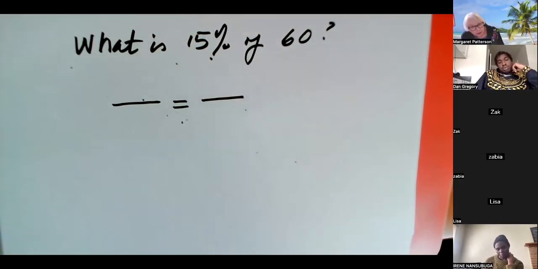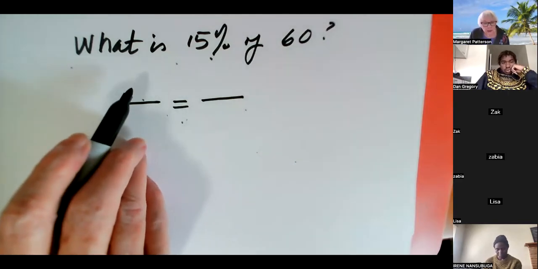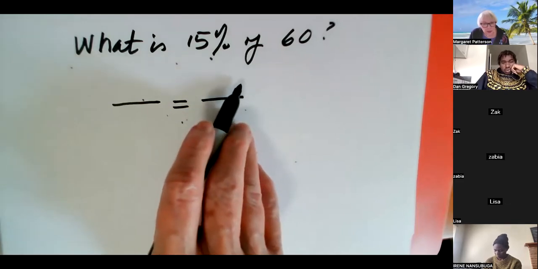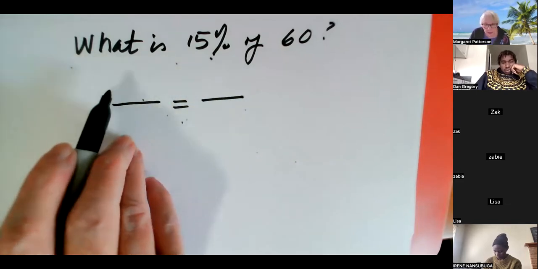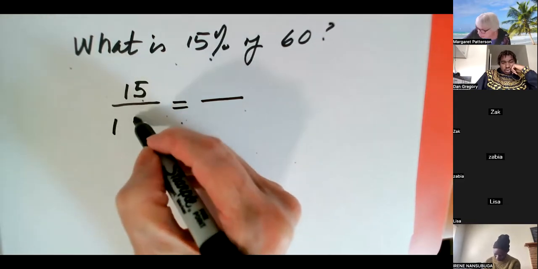Every problem can be turned into a proportion. So if you were any good at proportions, this would work for you. On one side, I'm typically putting my percent over here, but the book is showing it here, so they may explain it that way. 15 over 100.